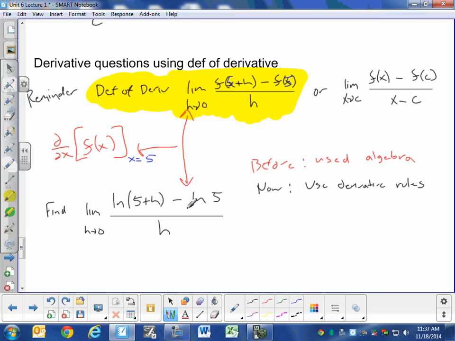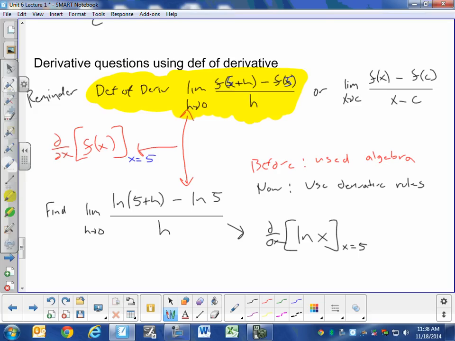So what we need to be able to do is see this and say, oh, this is just the derivative of the log function when x is 5. That's all that limit question is asking.